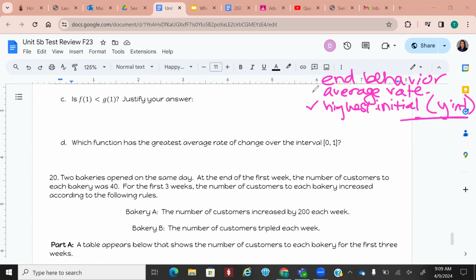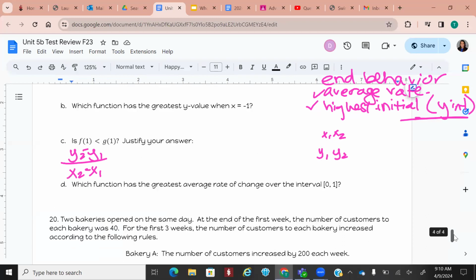Now we're going over the average rate of change one. So just a reminder, average rate of change is y2 minus y1 over x2 minus x1. Whatever interval they tell you, that's your x1 and x2. And now to figure out your y1 and y2, you've got to use either the table or the equation that they gave you. So look at when x is 0 and x is 1 from the table.